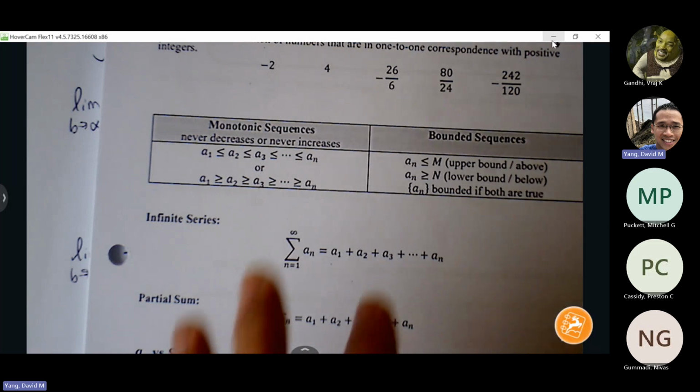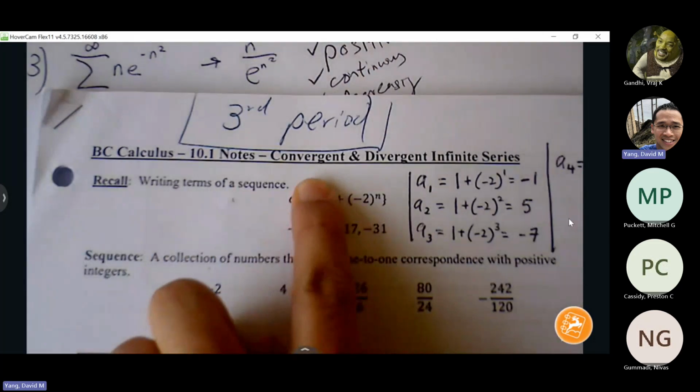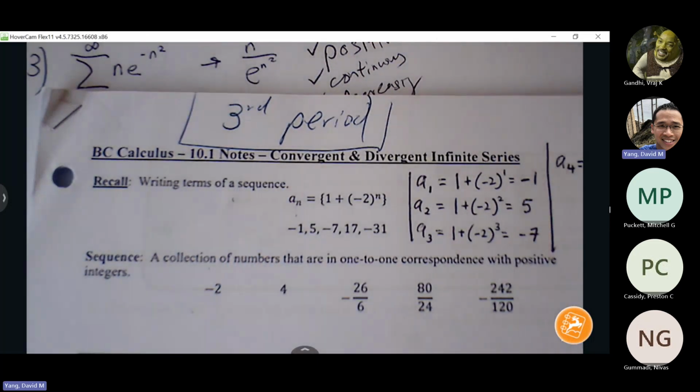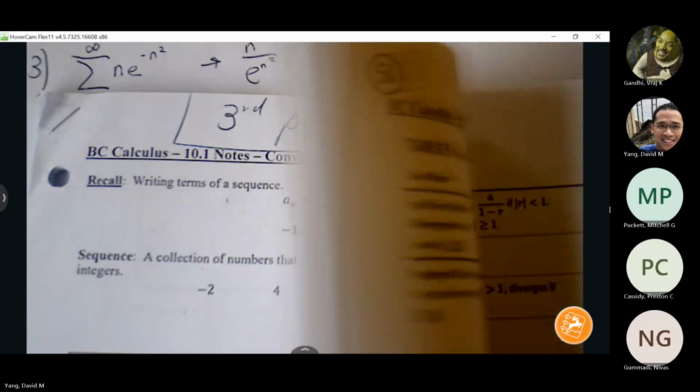I do want to point something out here. If we want to review all these different tests and these rules, in your packet, part 1, there's a couple of summary sheets I put in the back.